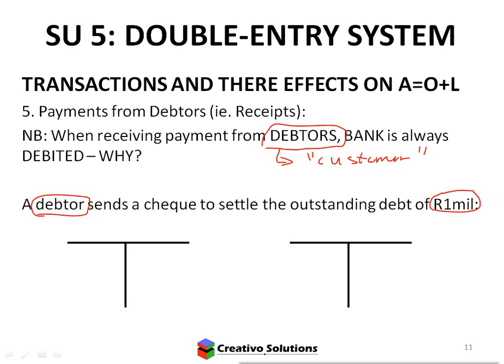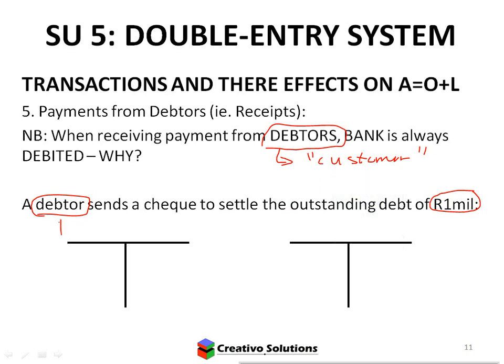So who are we in this relationship? The business or the debtor? We're the business. So as a business, do we want debtors to send us checks? Yes, because that'll be a form of payment. So from the business's point of view, what's going to happen to your bank account? It's going to increase. Good.